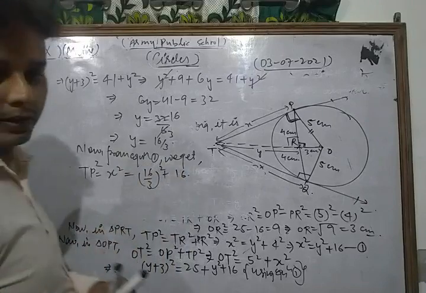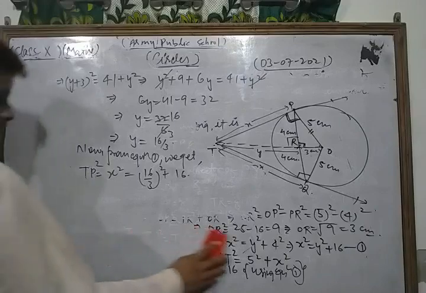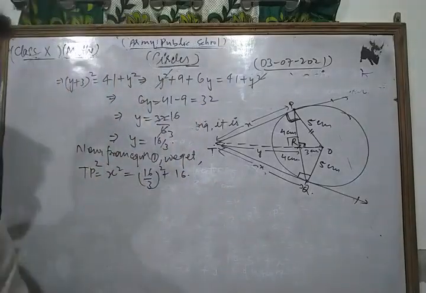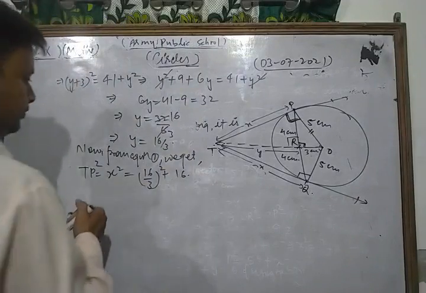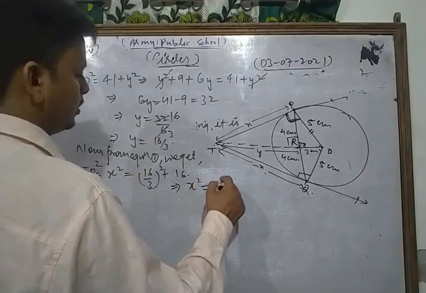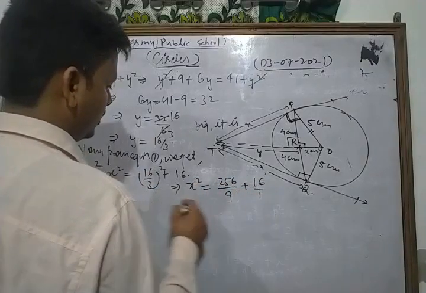Okay, now look, we simplify them. X square is equal to 16 16s are 256 upon 9 plus 16 upon 1.